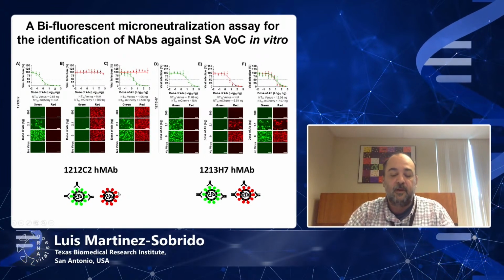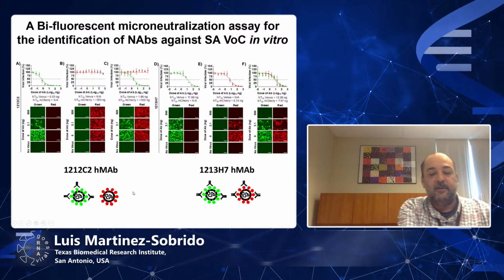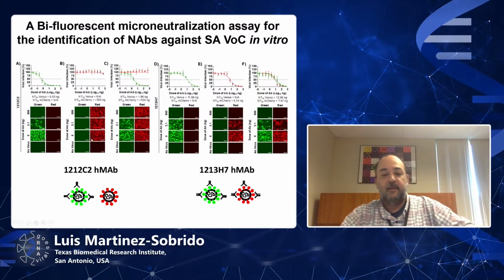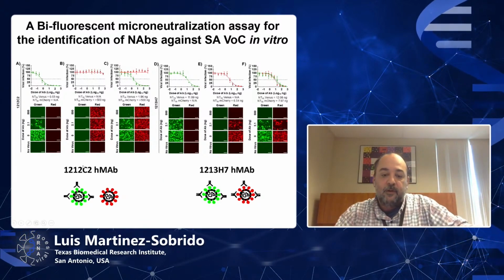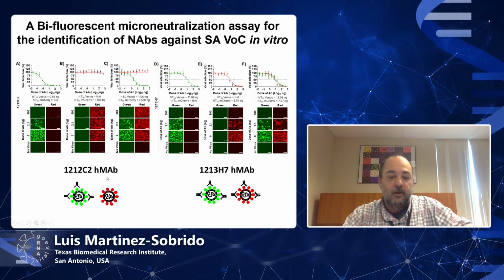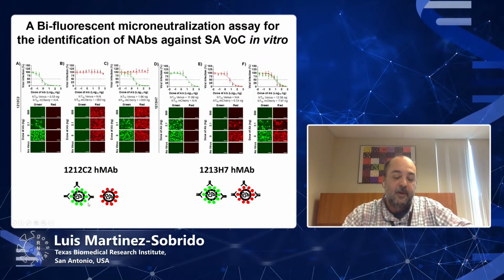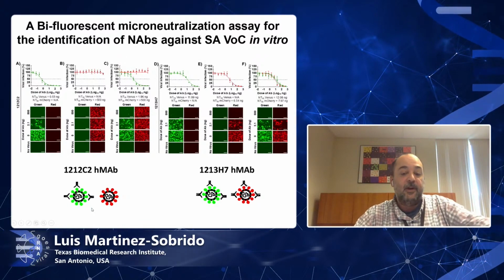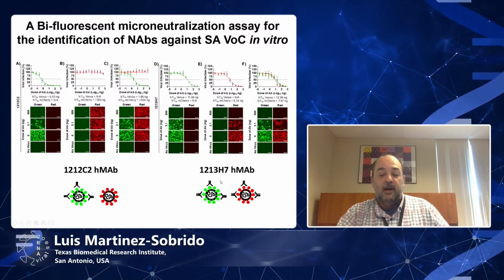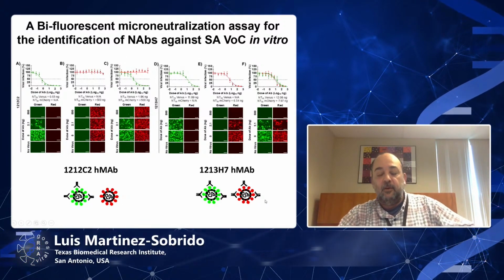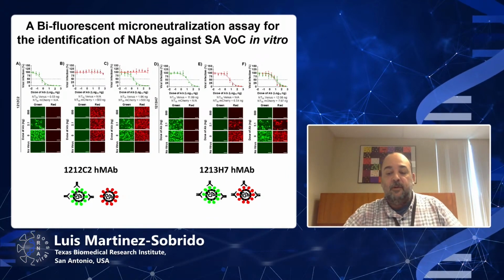In this case, we use the South African variant that expresses a different color, in this case, cherry. And as proof of concept, we use these 2 monoclonal antibodies, one that we know specifically neutralizes the original strain, but not the variant of concern, and this 121387 that we know neutralizes both the original virus and the variant of concern.